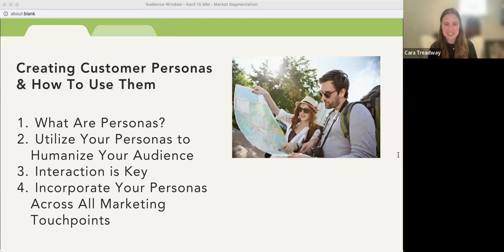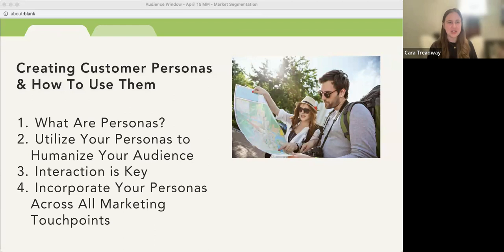These personas really help to humanize your target audience. It helps you to foster empathy and understanding of their precise needs, and you can incorporate these personas across your marketing efforts, such as product development, content creation, customer service, and more. It helps to ensure consistency and relevance at every interaction or touch point.